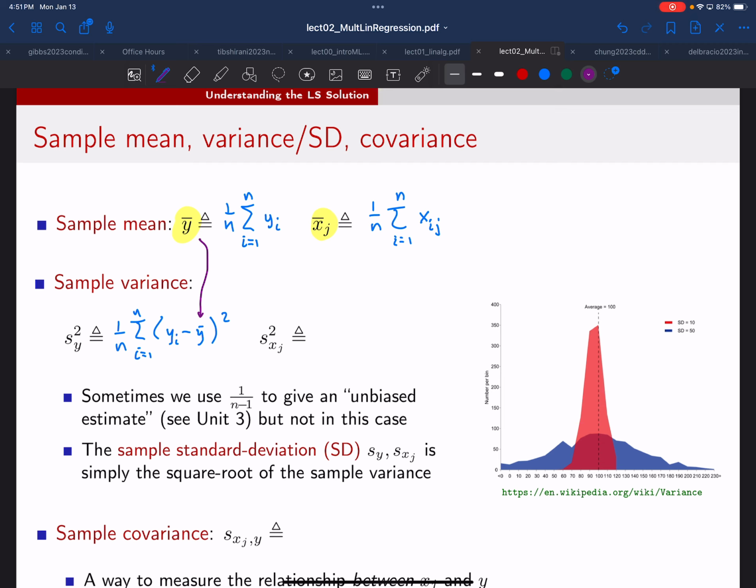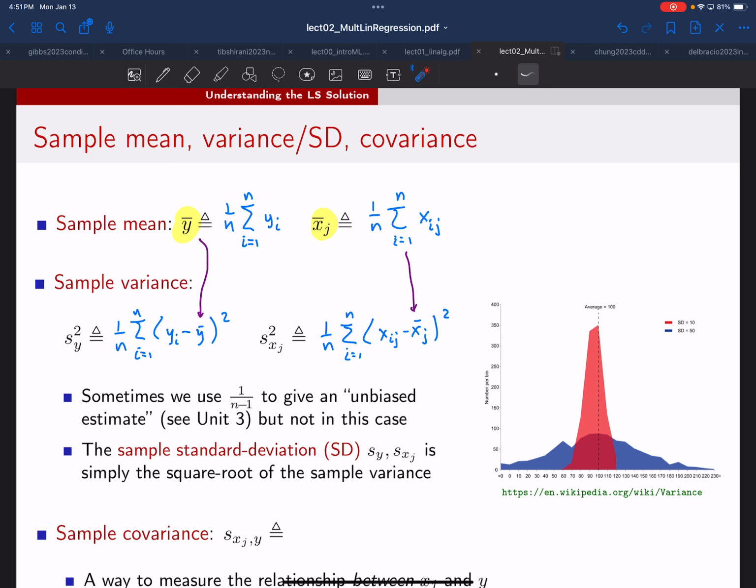And we can do the same thing for the j'th feature. That would be the average over our training set of x_ij minus its mean x bar j squared.